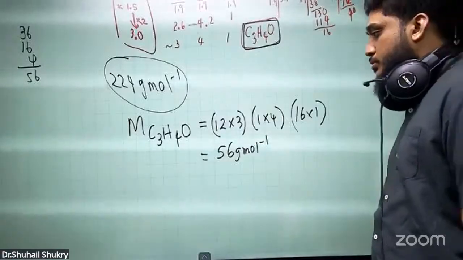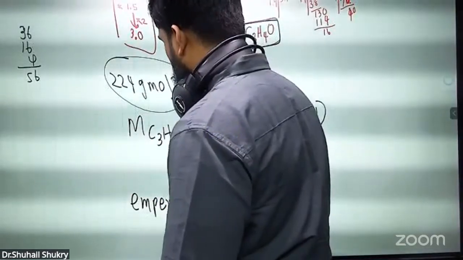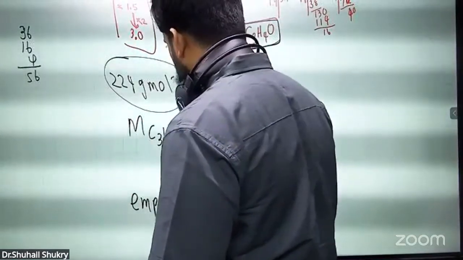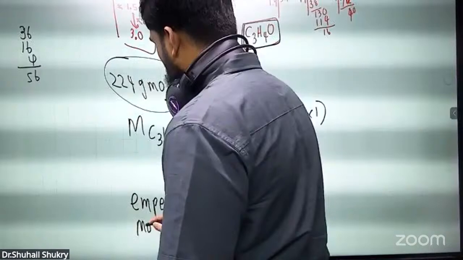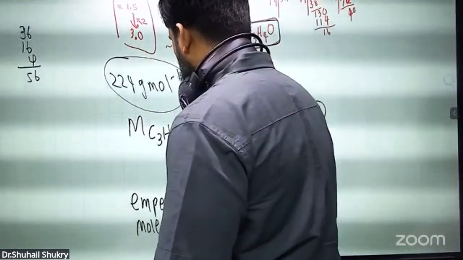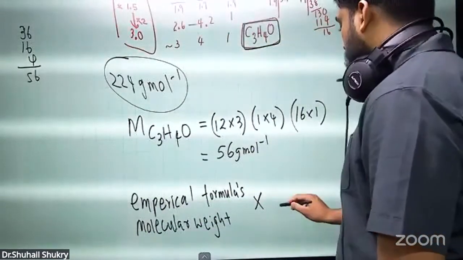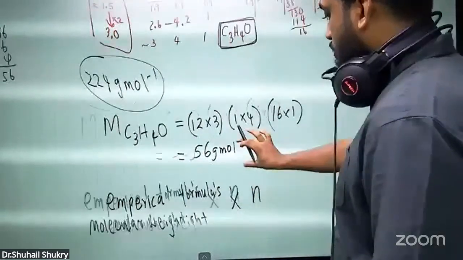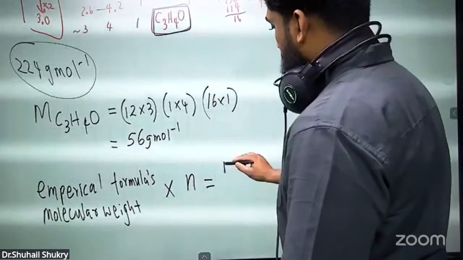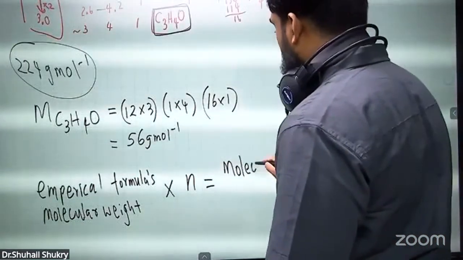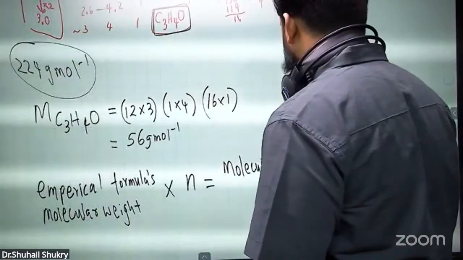To find the real molecular formula, you have to find the empirical formula's molecular weight multiplied by N is equal to the molecular formula's molecular weight.